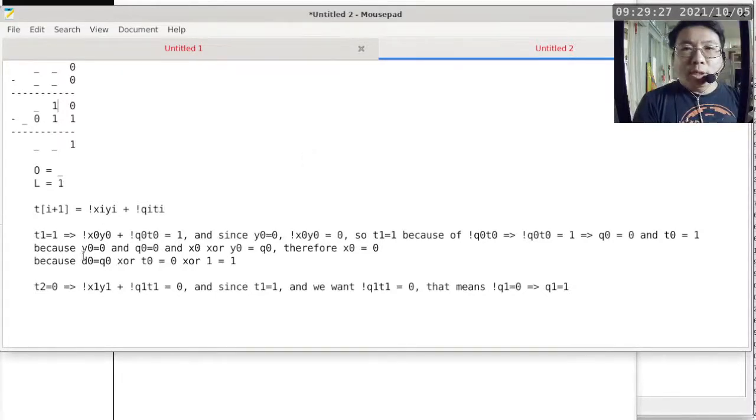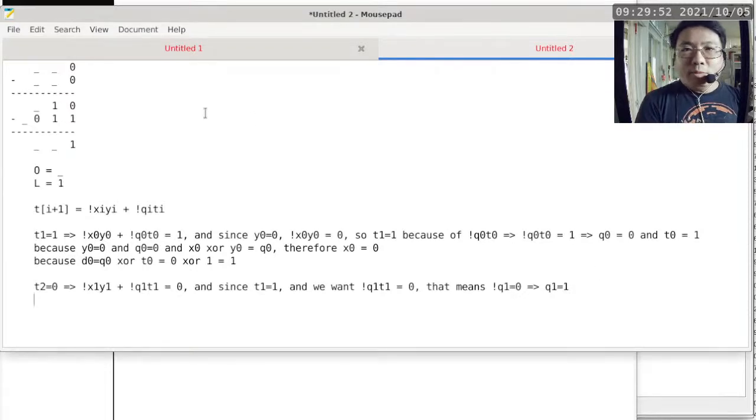So T1 is this entire term. It's not just the first part. It is the entire OR. So when I see people quoting just one of the terms of an OR and saying that T1 equals not x0, y0, I also deduct points because that is not correct. All right, so moving on.